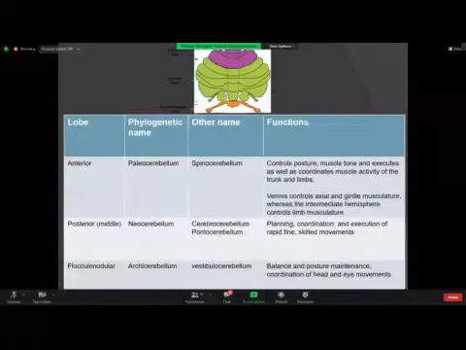One is control of posture, and this is regulated by muscle tone. It executes and coordinates muscle activity of the trunk and the limbs. The vermis that we talked about controls axial and girdle musculature, whereas the intermediate hemisphere controls the limb musculature. The posterior lobe, the big, huge one, is involved in planning, coordination, and execution of rapid, fine, skilled movement.